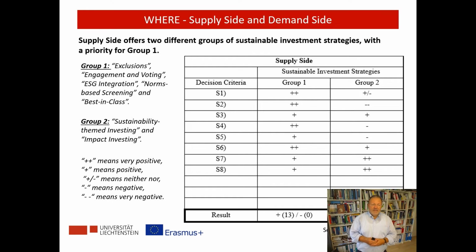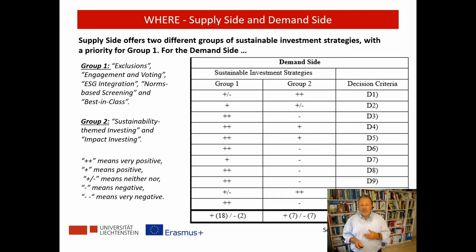And I did the same for the demand side. And here we have the decision criteria another time, and I gave valuations for the decision criteria, how much it's fulfilled. Here for group 1 and group 2 investment strategies.